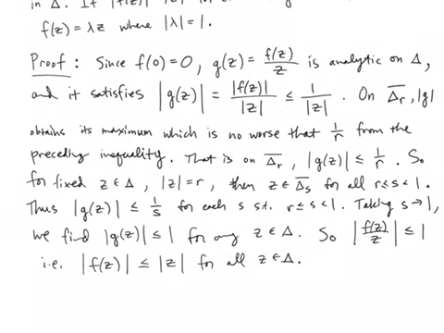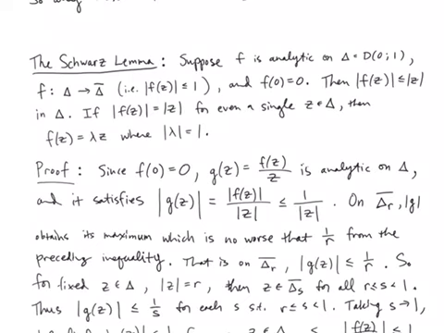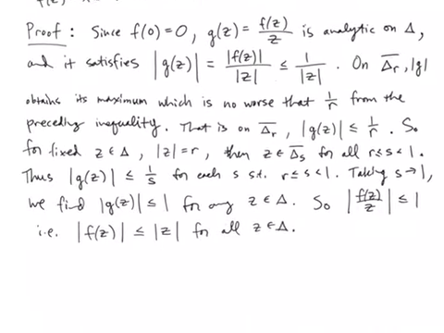Okay, so one thing, note that this implies that actually f is a function from the unit disk to just the unit disk. Right, the norm of f of z is less than or equal to the norm of z. You can't be mapping to the boundary of the disk at all.